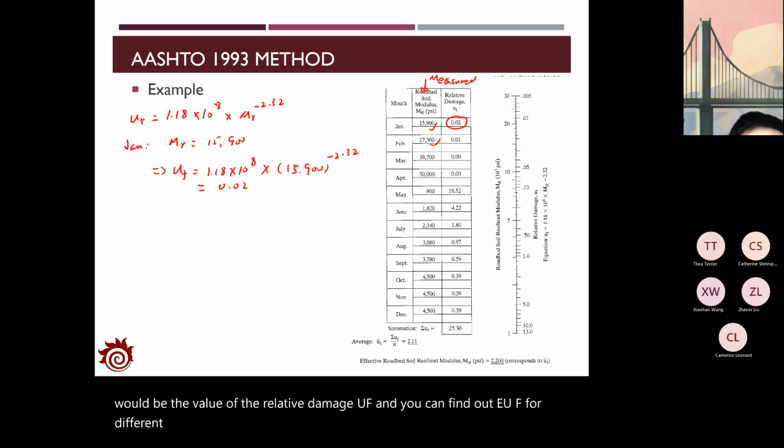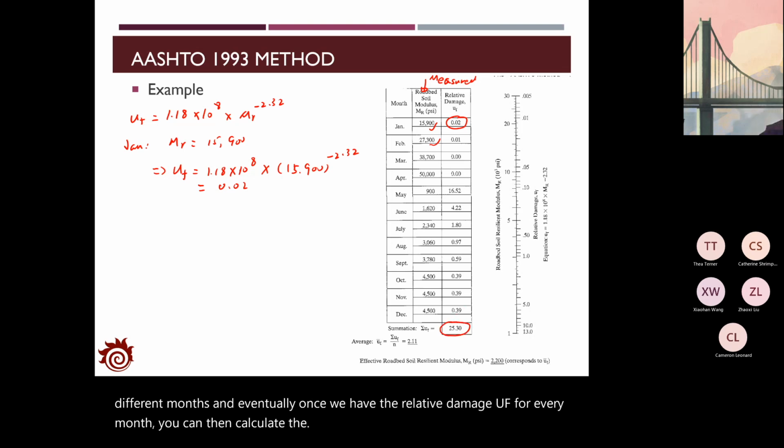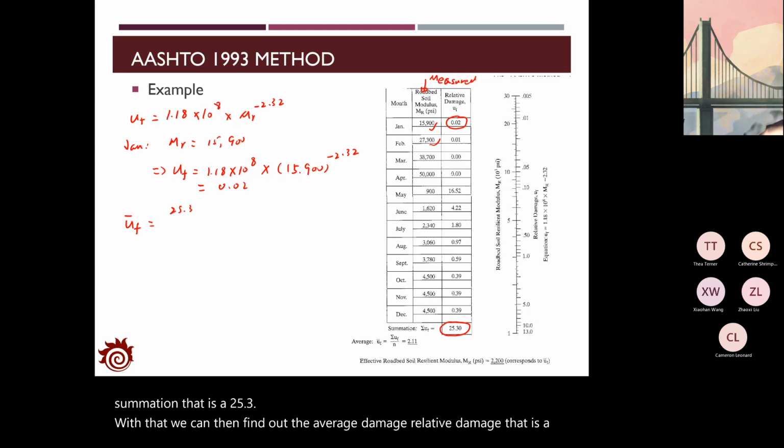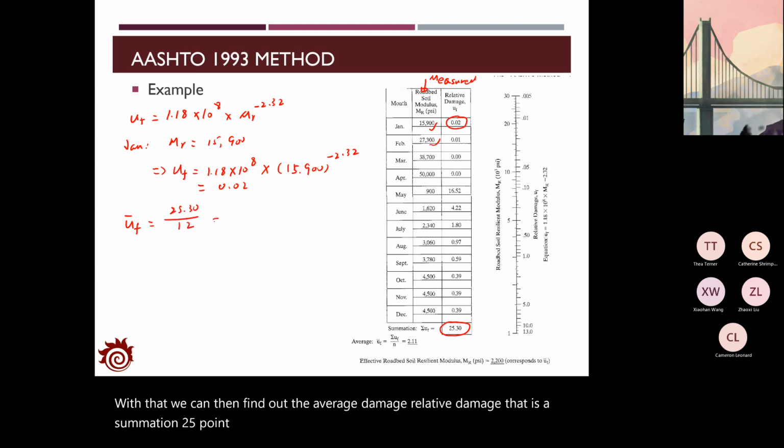And eventually, once you have the relative damage UF for every month, you can then summarize the UF for the whole year. If you do the summation, that is 25.3. With that, you can then find out the average relative damage. That is the summation 25.3 divided by 12, which will give you the value 2.11.